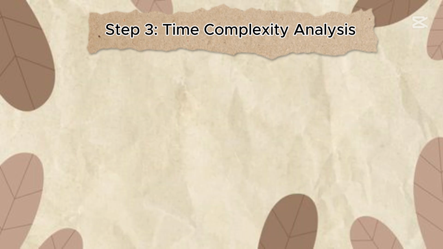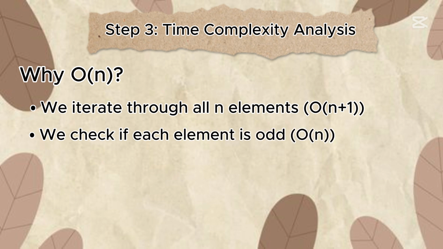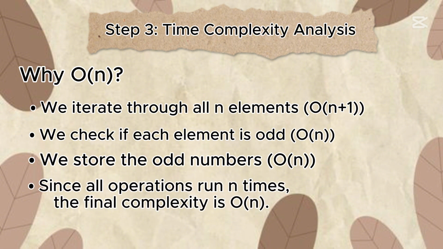So you may be wondering, why O(n)? Because we iterate through all n elements, or O(n), and we check if each element is odd, or O(n). We store the odd numbers, O(n). Since all the operations run n times, the final complexity is O(n).